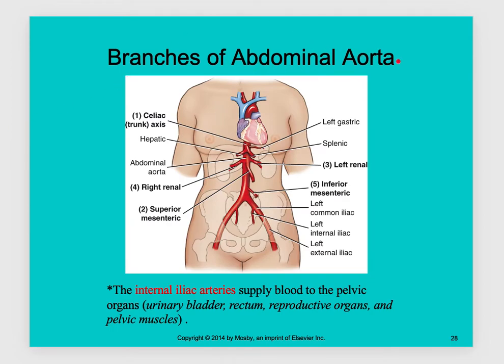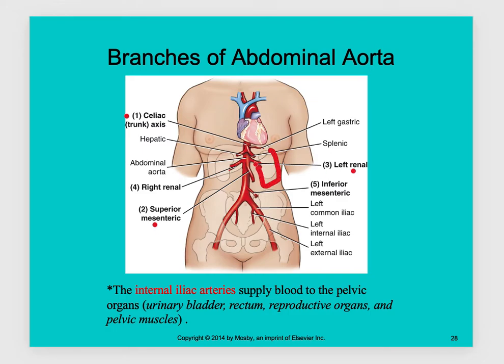So branches of the abdominal aorta, you have the first branch, which is the celiac trunk or the celiac axis. The second one coming off here is the superior mesenteric. The left renal, right there.